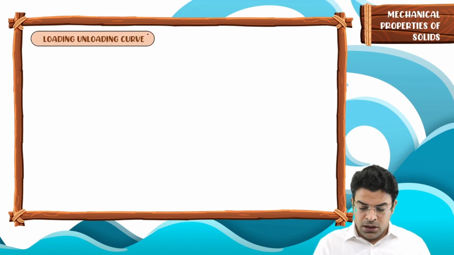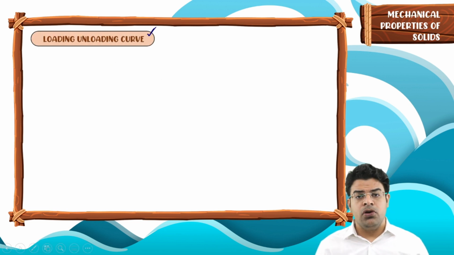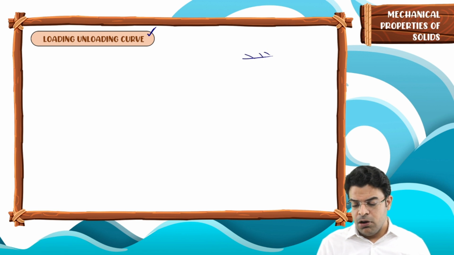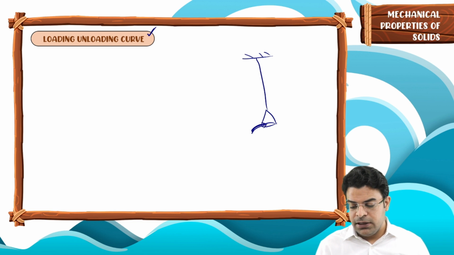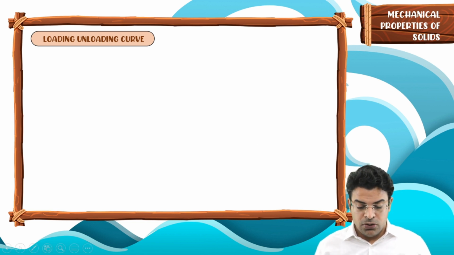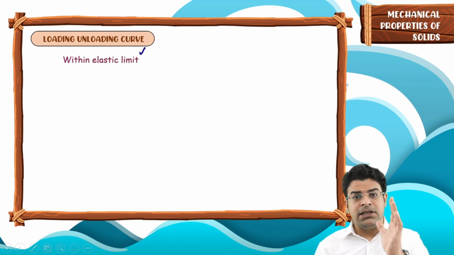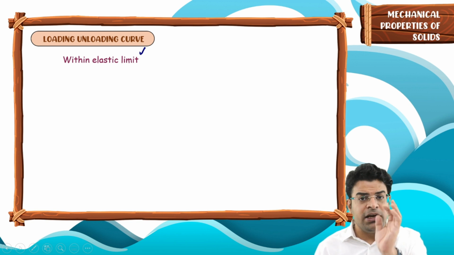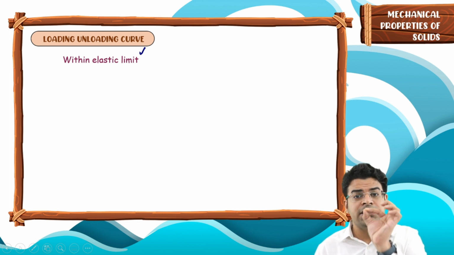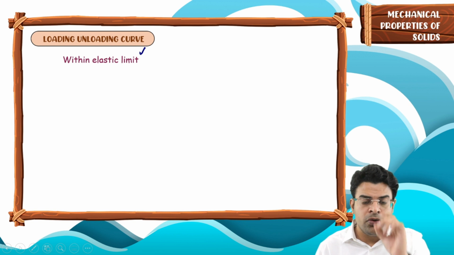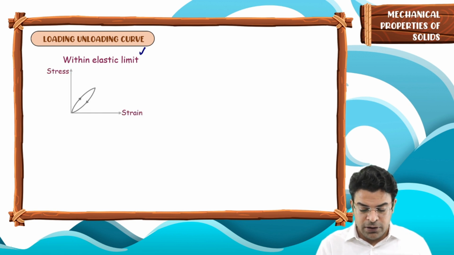Moving on, we need to understand the loading unloading curve. What is the meaning of loading unloading curve? If you first increase the mass in the pan and then start to decrease it, what type of curves do we get? So the standard loading unloading curve, when you increase the strain within the elastic limit, it means that the body completely regains its shape on complete unloading. We get this type of curve. While loading, we get one curve, and while unloading, we get another curve.